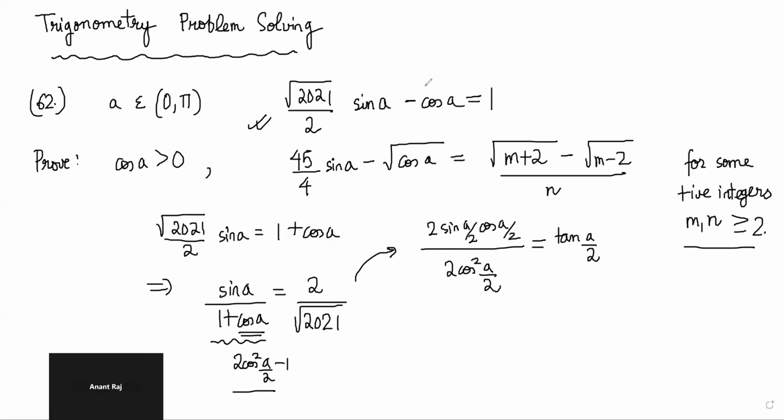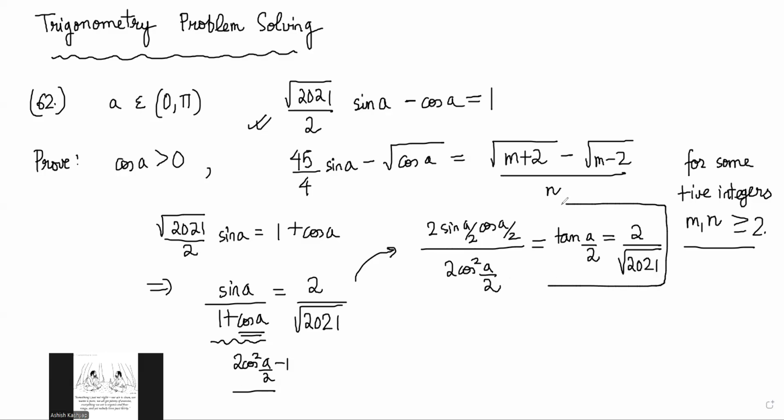So tan A by 2 is coming out to be 2 over root over 2021. That's the first step. Then the first thing you should notice here is 2 over root 2021 is less than 1, right? Yes, this quantity is less than 1.